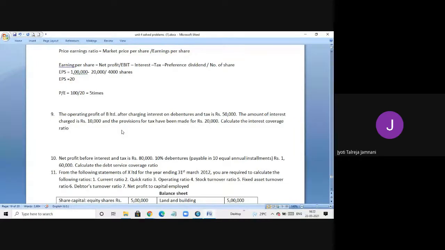That means I have that much amount that I can pay this interest 10 times. So we are basically trying to compare the interest with the earnings to find out how many times more money we have to pay the interest.